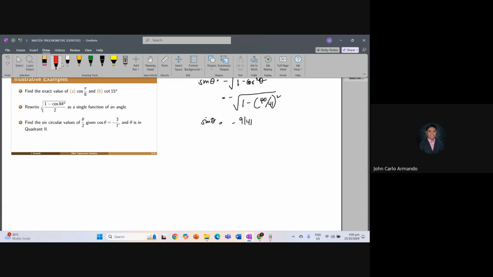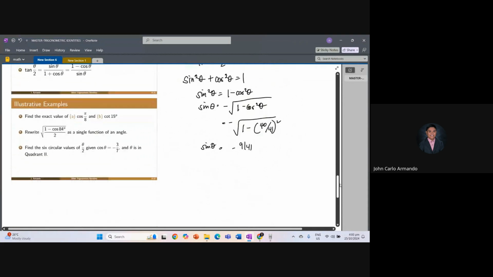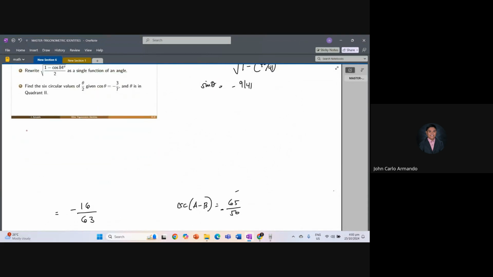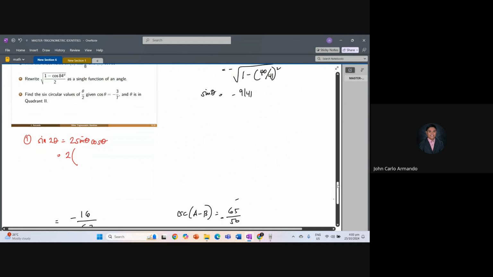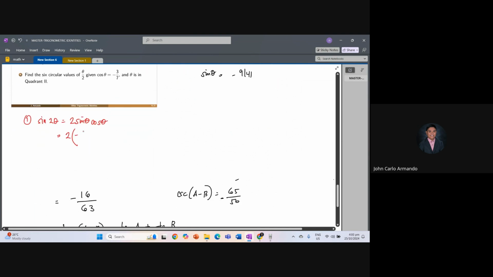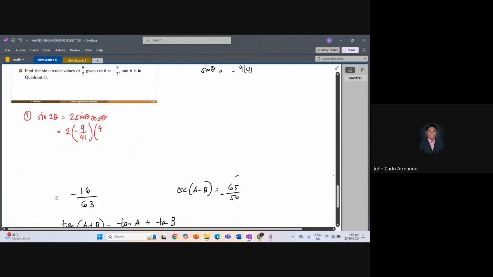Okay. The first given is sine 2 theta. We know that this is equal to 2 sine theta cosine theta. Simply substitute. What is the value of sine theta? That's negative 9 over 41. What is the value of cos theta? 40 over 41. Then multiply.